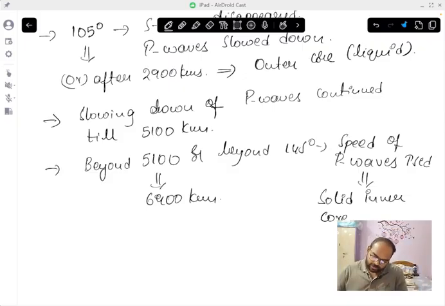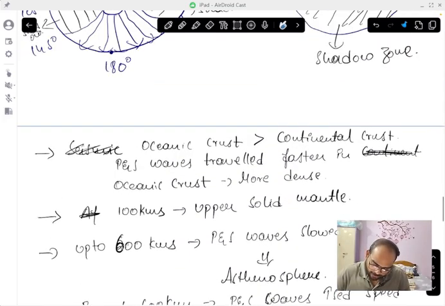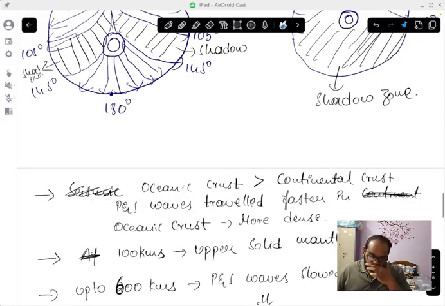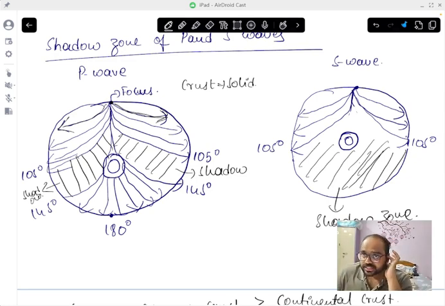Okay, and again I will explain this by showing you the shadow zones. See, from the focus, it is the lithospheric part, the crustal part. P and S waves travel faster, indicating the crust is a solid.